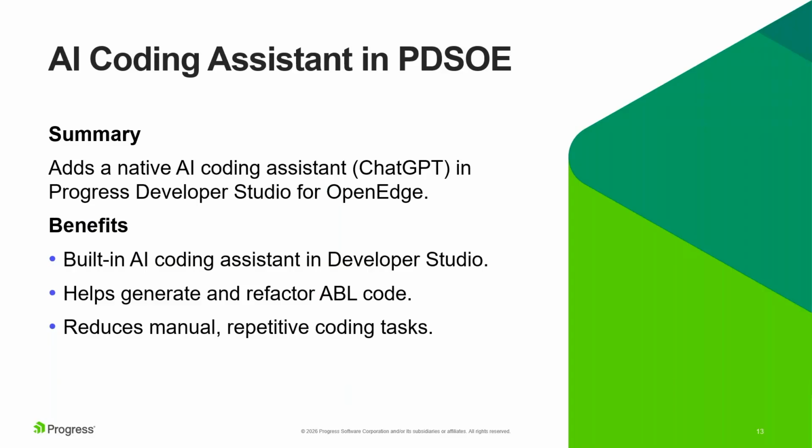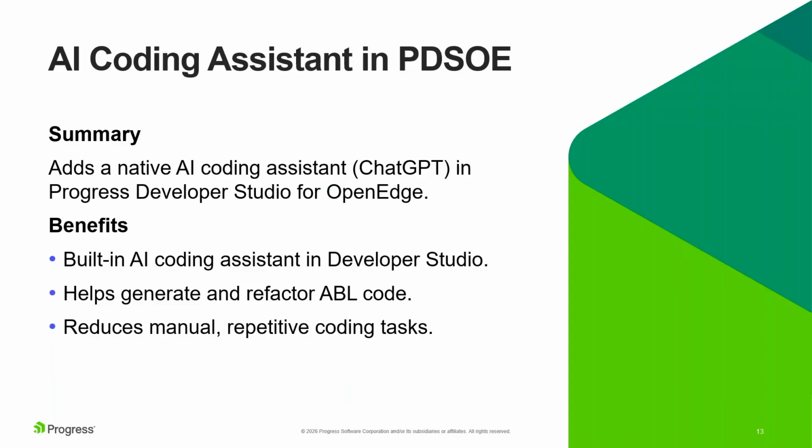Starting with OpenEdge 13, the AI coding assistant is built directly into Developer Studio, which removes the need to have separate plugins or installations. So for developers that work in Developer Studio, this integration provides immediate access to AI assistance, helps to generate and refactor ABL code, and it can help reduce manual and repetitive coding tasks.